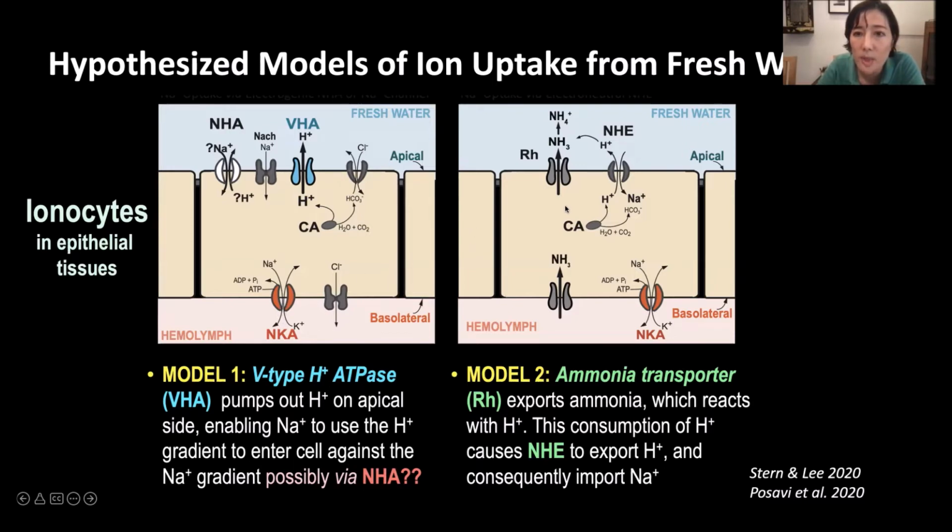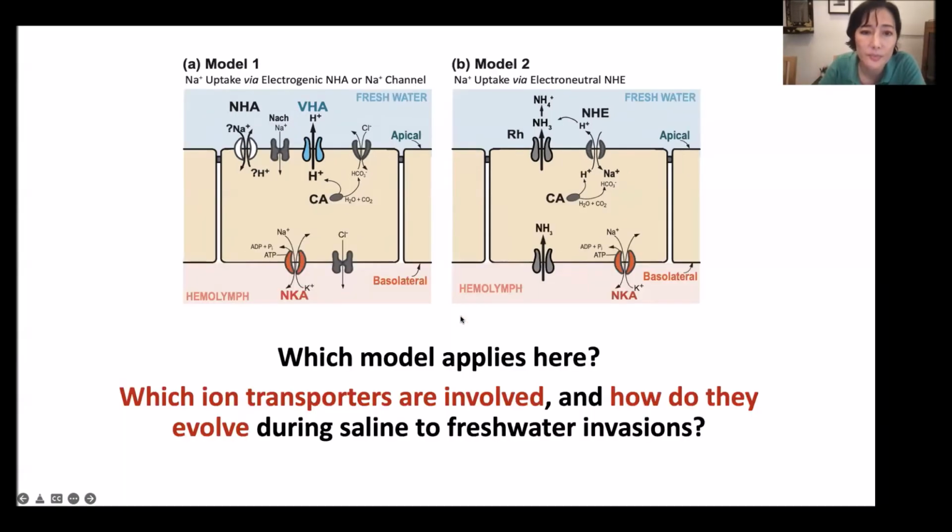In this alternative model, ammonia transporter would transport out ammonia, and ammonia would react with protons, creating ammonium ion, and this deficit of protons would drive the sodium-hydrogen exchanger to export out protons in exchange for sodium, and sodium can then come into the cell with sodium potassium ATPase. Now, these models aren't completely mutually exclusive, but these are generally contrasting models.